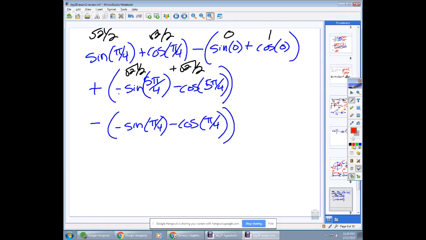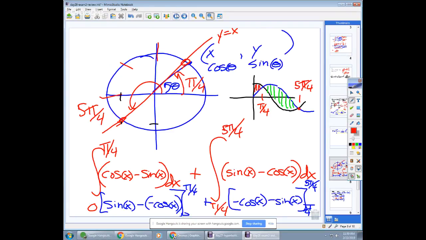Next, the last line has minus a bunch of negatives. So it looks like I got a whole ton of square root of 2 over 2's added up. Let's see, did I get that right? Ooh, I have a sign error.